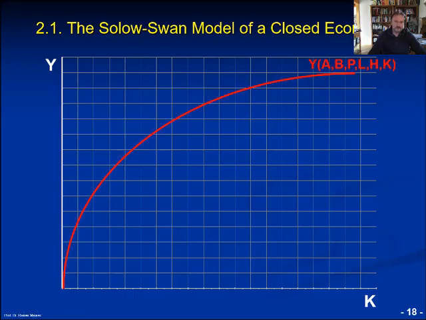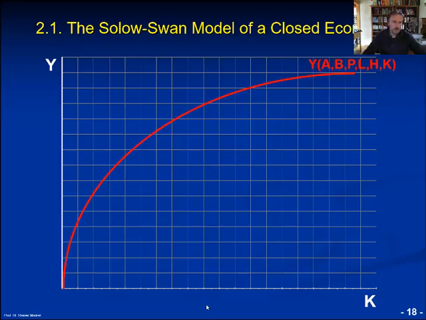All production factors, with the exception of the capital stock, are held constant in this diagram. So A, B, P, L and H are constant, only the capital stock is varied along the abscissa. In this point the capital stock would be 0, and starting with this point and moving to the right, we increase the capital stock step by step, and as a result GDP grows step by step as symbolized by this red curve.